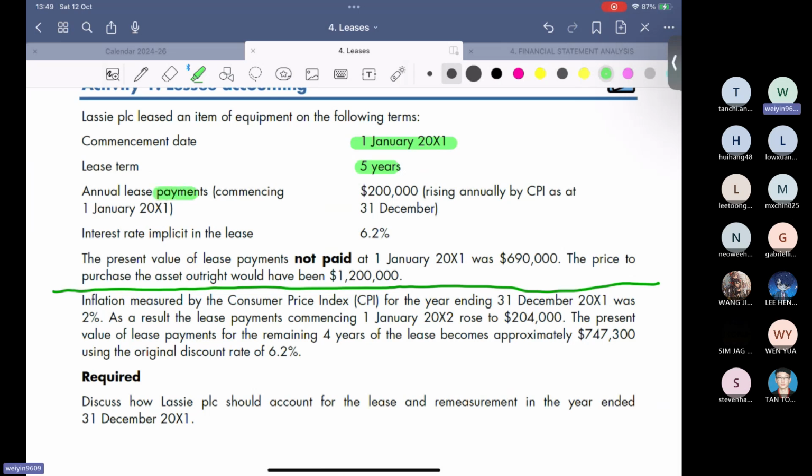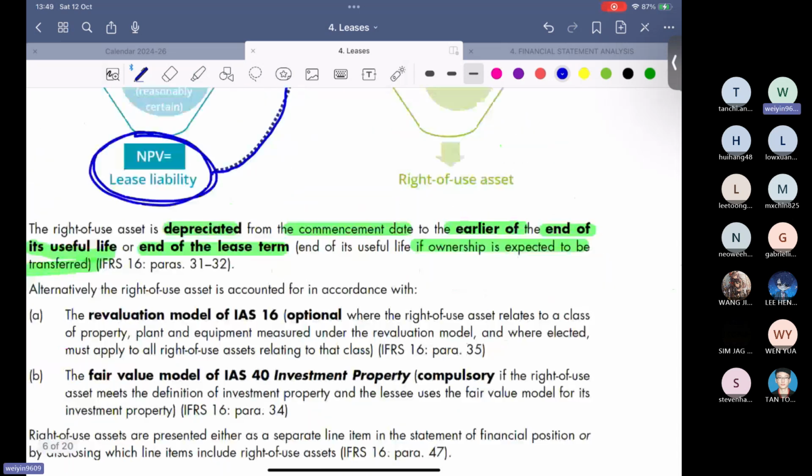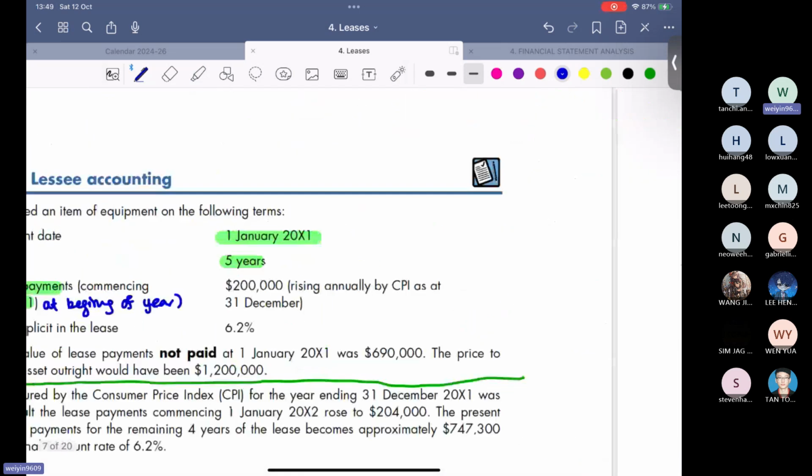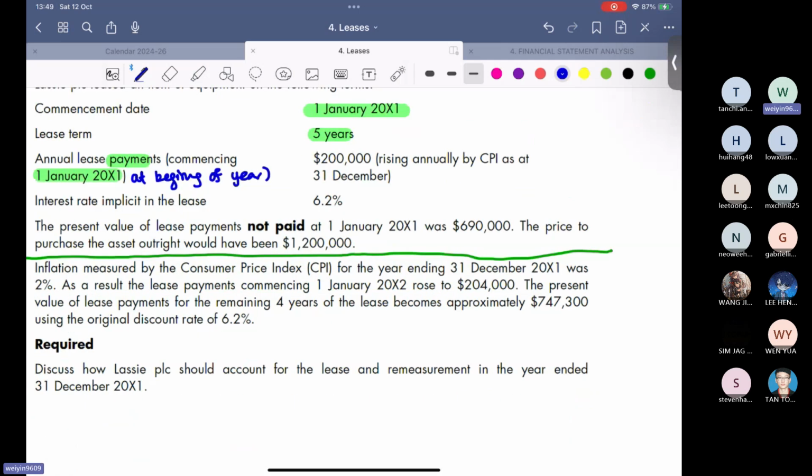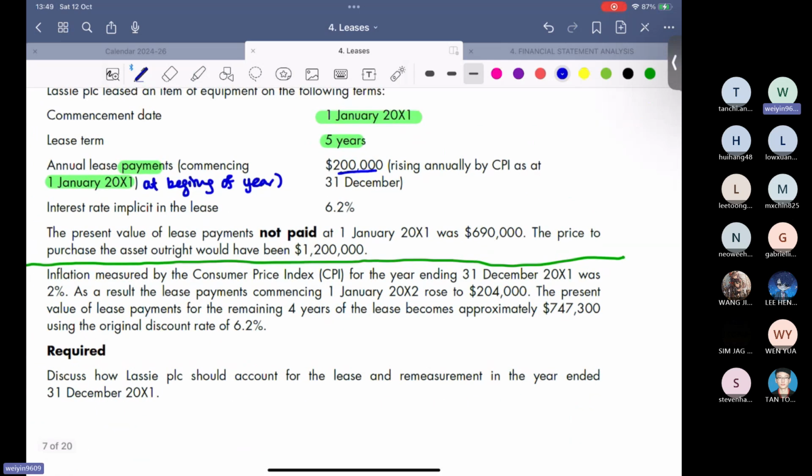The lease payment is on 1st January X1, that means you start to make the payment at the beginning of the year, which is 200,000 per annum. Interest rate is 6.2%.